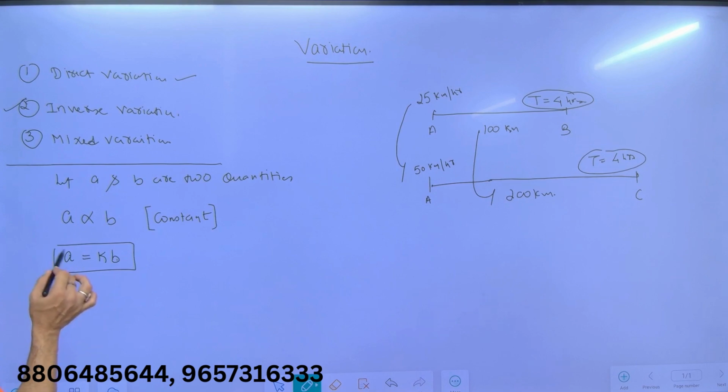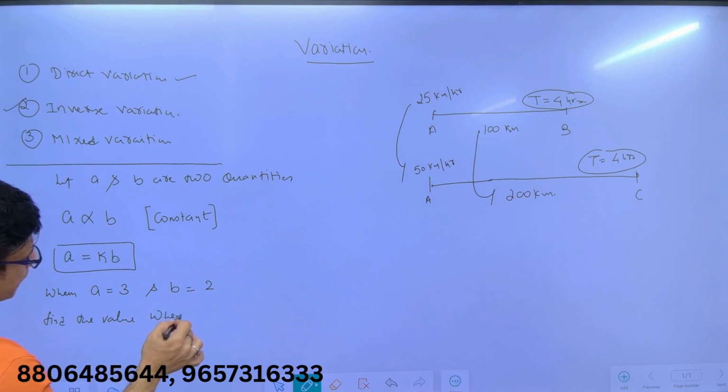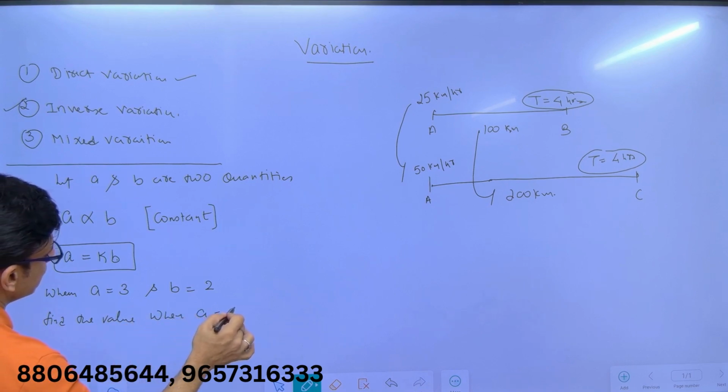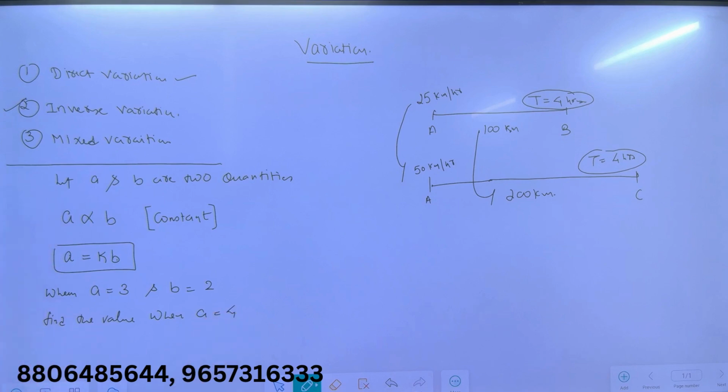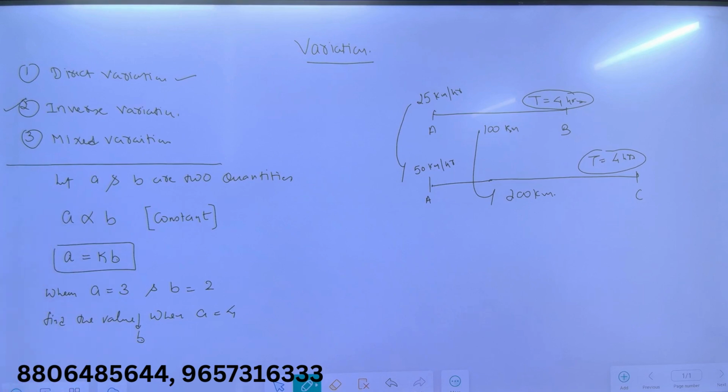Now if we have to form a question here, I say when A is equal to 3 and B is equal to 2, find the value of B when A is equal to 4.